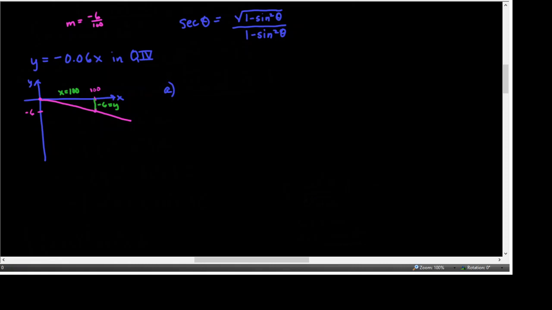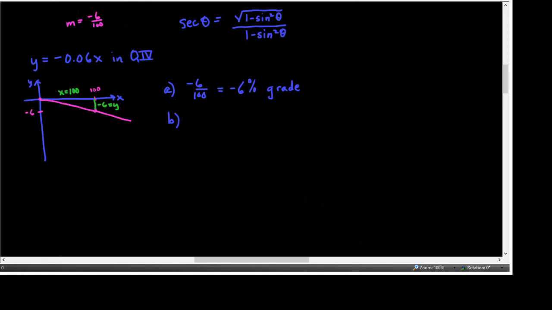We're going this much down, 6 for every 100 feet, and that's a percentage. That's negative 6%. That's the grade of the road. Okay, so that kind of answered itself just when I drew the picture. That's kind of nice.